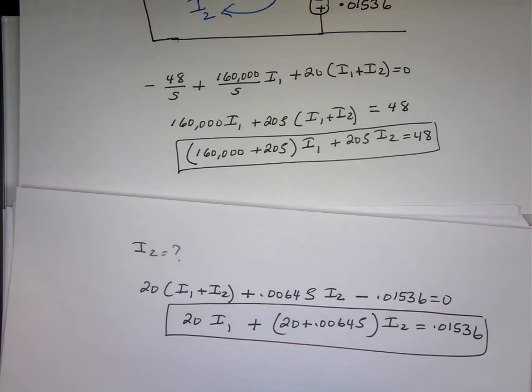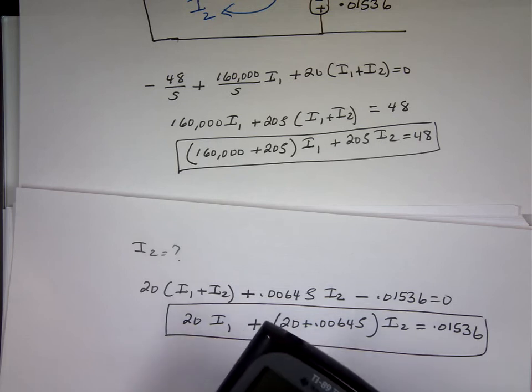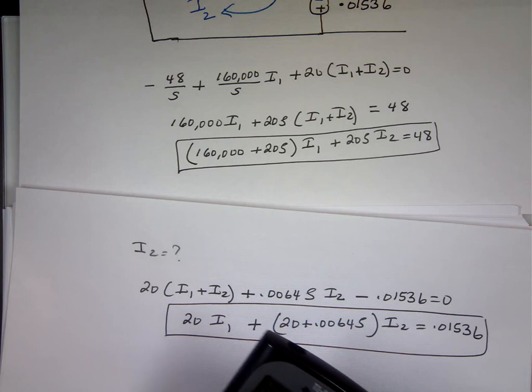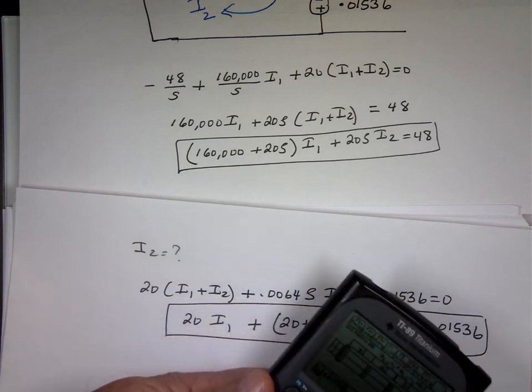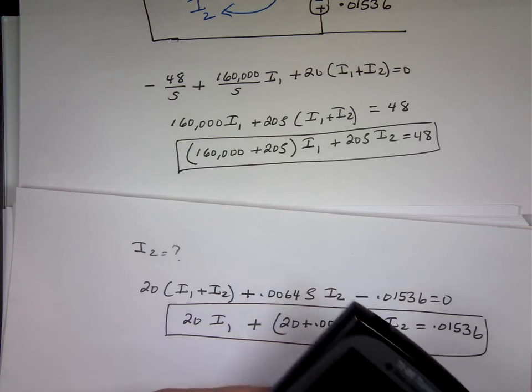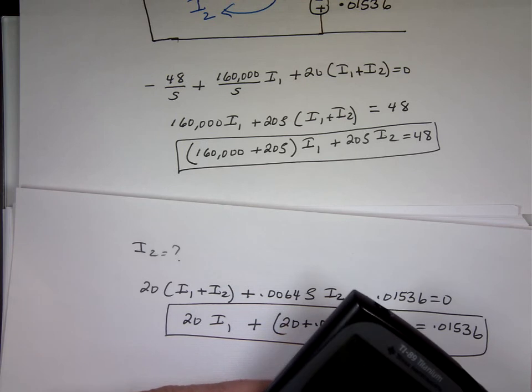Let me jump in on my calculator and see what the answer is. Two equations by two unknowns, new one. So what I have for the first one: 160,000 plus 20x, 20x, 48.